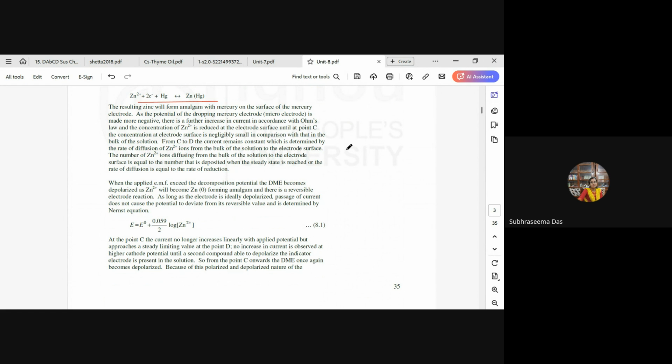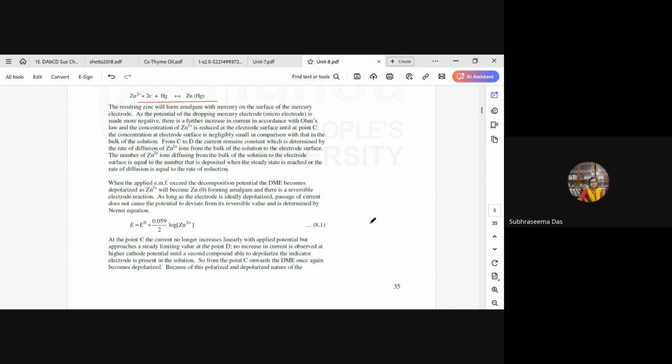Here the number of zinc ions that diffuse from the bulk of the solution to the electrode is equal to the number that is deposited. That is, we can say the rate of the diffusion is equal to the rate of the reduction. Now, when the applied EMF exceeds the decomposition potential, the DME becomes depolarized, as Zn2+ becomes Zn0, forming amalgam, and there is a reversible electrode reaction.